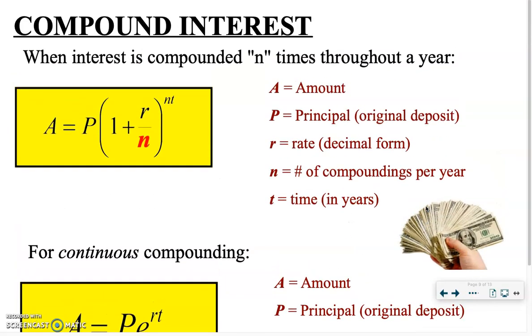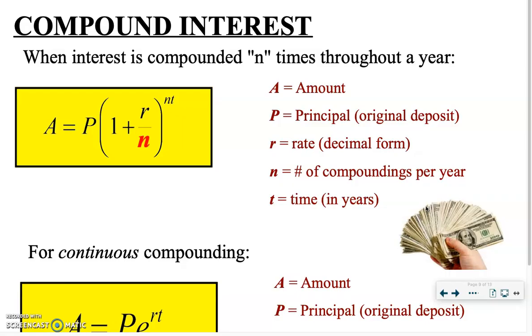So there are two different types of compound interest formulas. The first here, A is equal to P times 1 plus R over N raised to the NT power. This is what we're going to be using if you're compounding interest non-continuously, so a certain number of times per year. Maybe you compound the interest 1 time per year, then N equals 1.